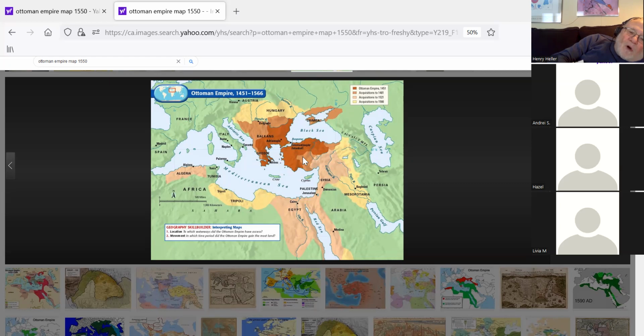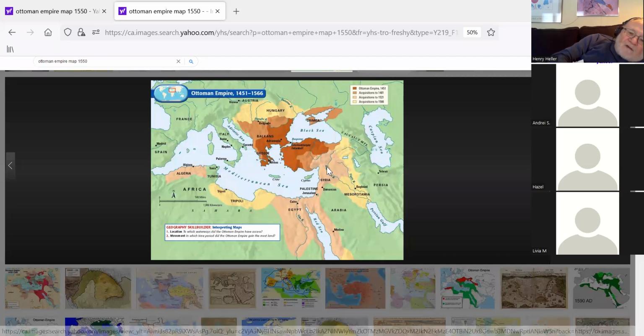Does anybody know what this region is? What's the name of this place, right here? This country? Turkey? Exactly. This is where the Turks ended up.